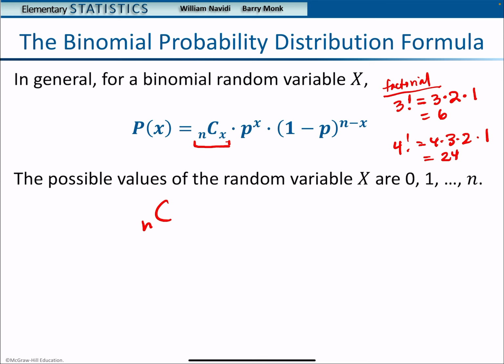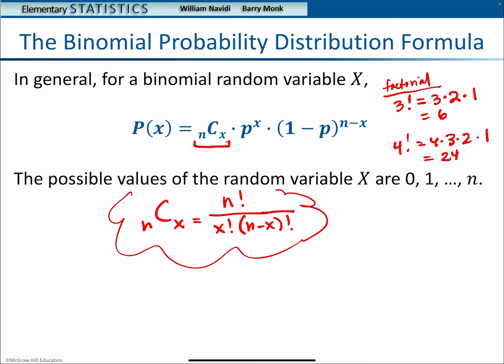So here, the formula for combinations is n factorial over x factorial times (n minus x) factorial. It looks crazy right now, but in application, it's really not. Remember again that n is number of trials. X is number of successes.